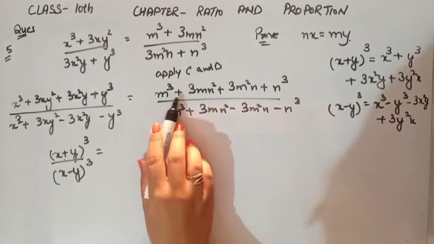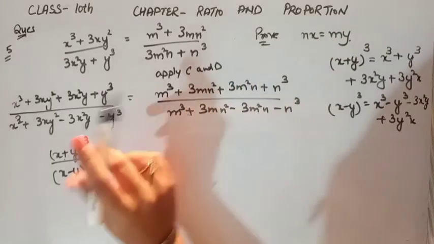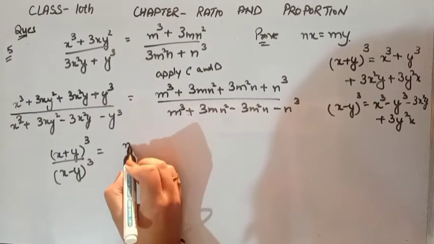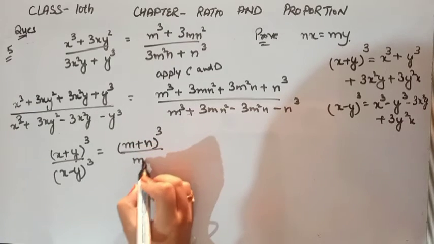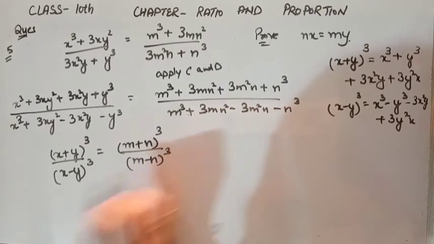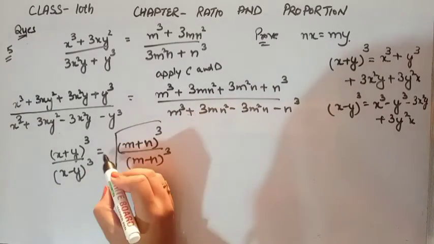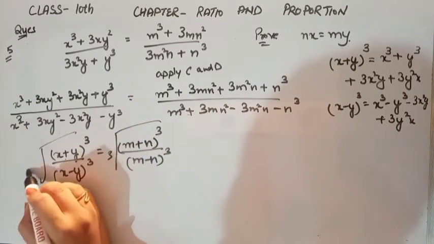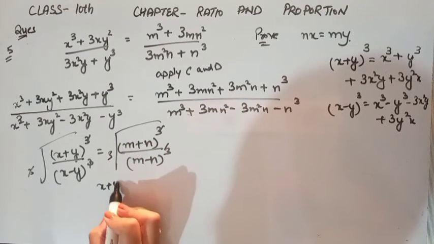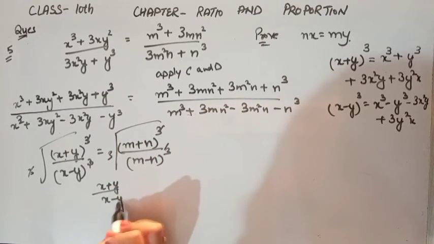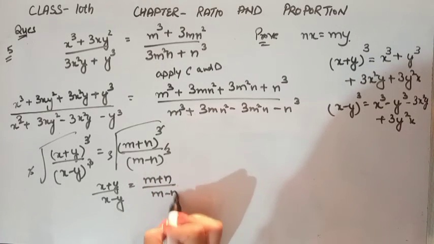Similarly, this equation resembles the formula m plus n whole cube upon m minus n whole cube. Taking the cube root on both sides, the cube will cancel out and we will get x plus y upon x minus y is equal to m plus n upon m minus n.